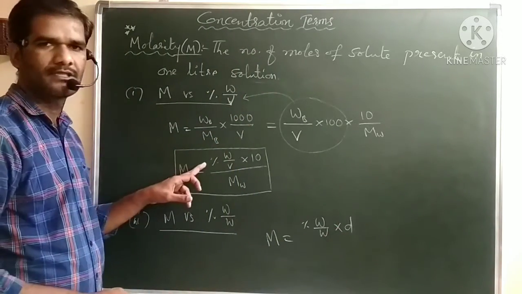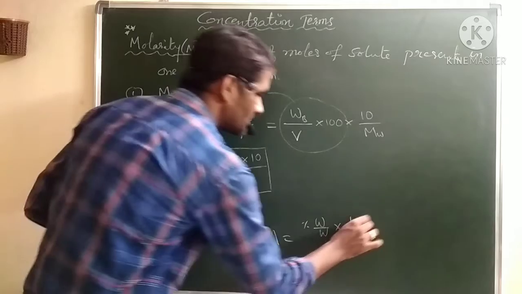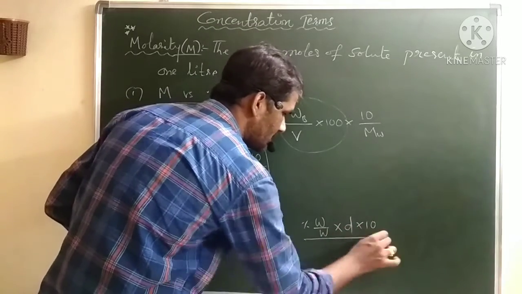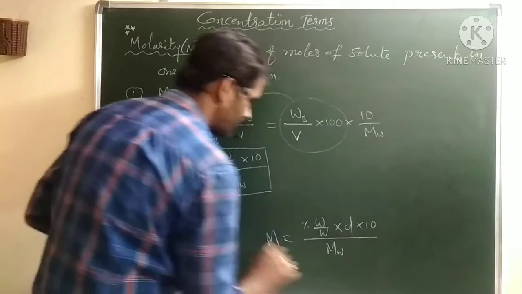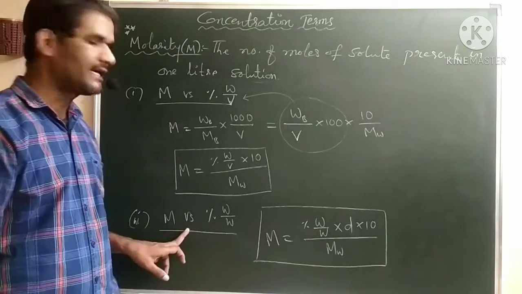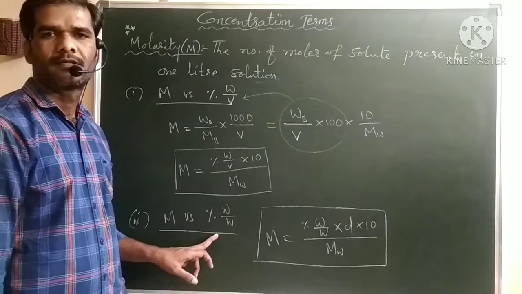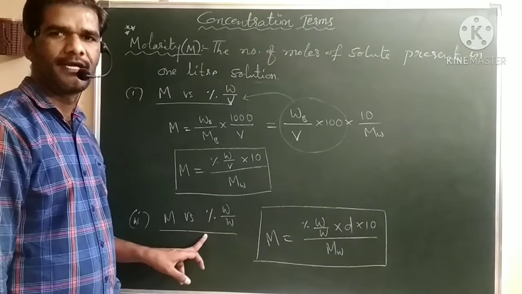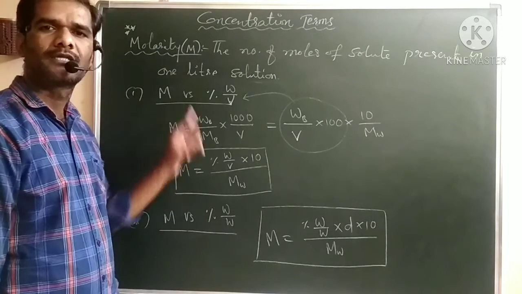Already we have discussed in my previous video. That is so into 10 by molecular weight. So this is molarity versus percentage of mass or percentage of weight, and this is a relation between mass by volume.